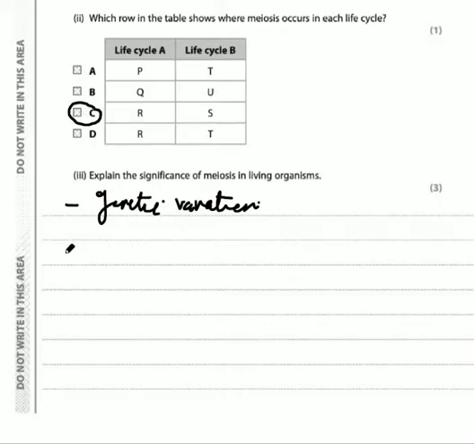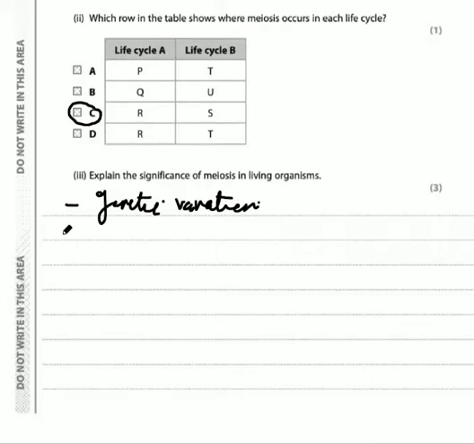Another point is that, well, explain. So we've said genetic variation. Well, the significance of it. So we always have to assume that the reader, so the examiner that's reading this, knows nothing about biology. And so when you've said, okay, genetic variation, always state why. Whenever there's an explain question, you always say why. So genetic variation, that's a significant point that occurs in living organisms.